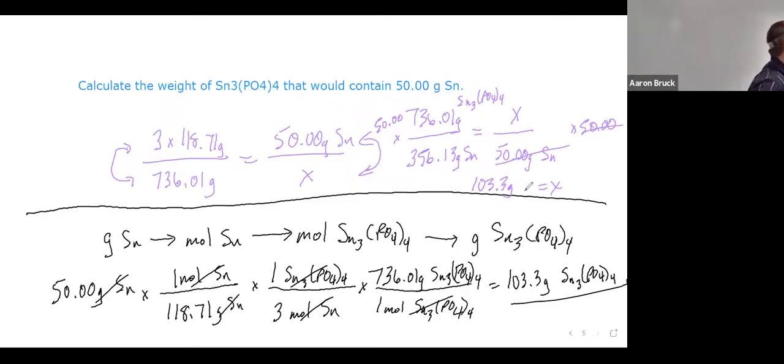I've tended to focus on this method, even though it might be a little bit more rigorous, just because it's always easy to see those units canceling out as you go step to step to step. Again, what you do with the information is completely up to you. Do what you feel most comfortable with.